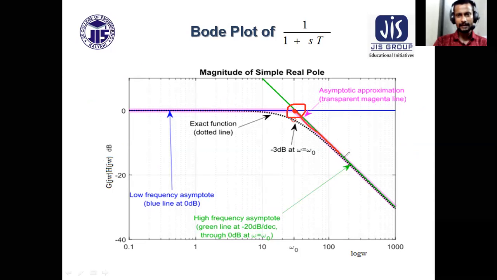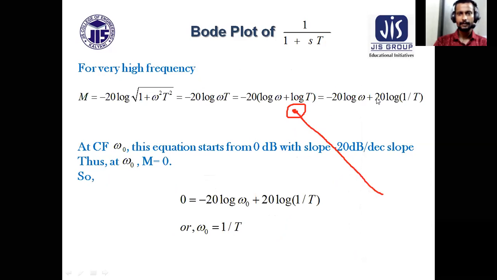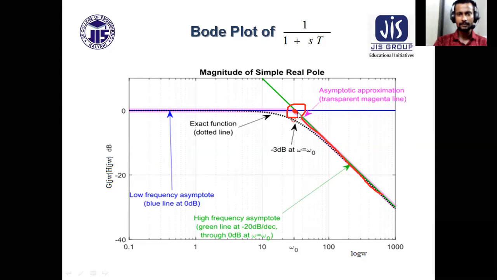This line follows the equation we discussed just now. But at a certain frequency where the slope changes, which is known as corner frequency, the magnitude is 0.